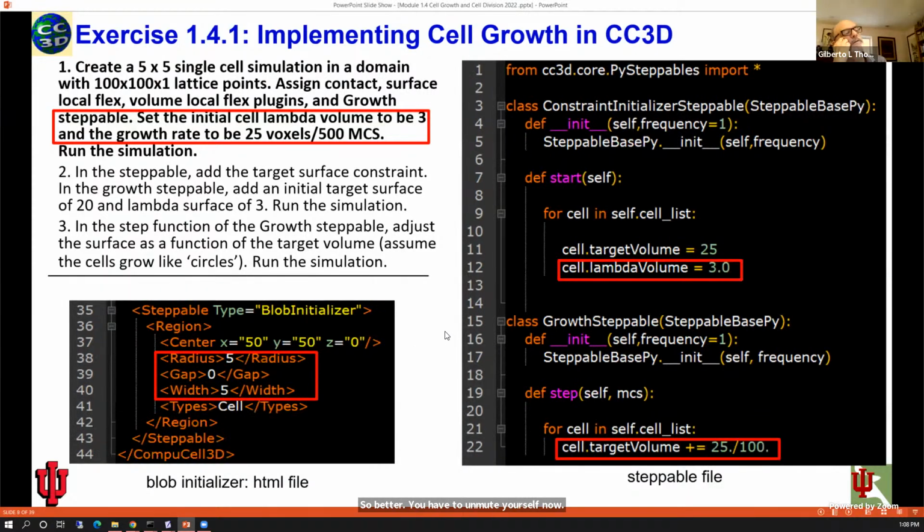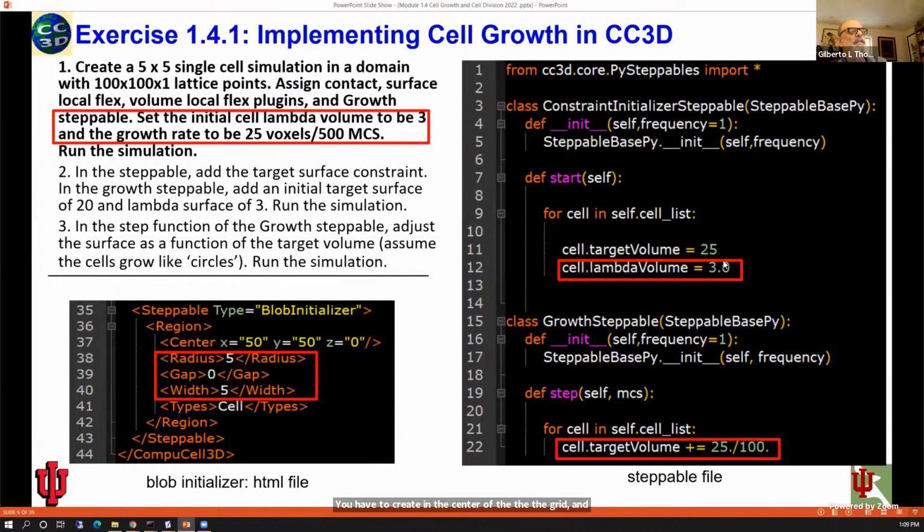Here are the modifications you should have done. Here in the left window, you change the radius to 5 and the width to 5 for the 5 by 5 single cell you have to create, in the center of the grid.